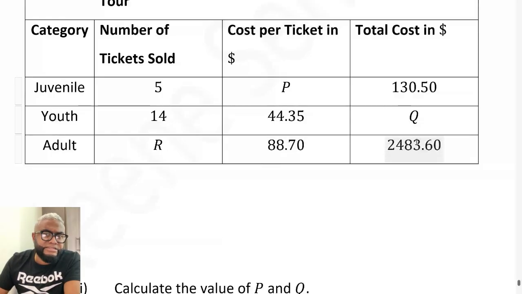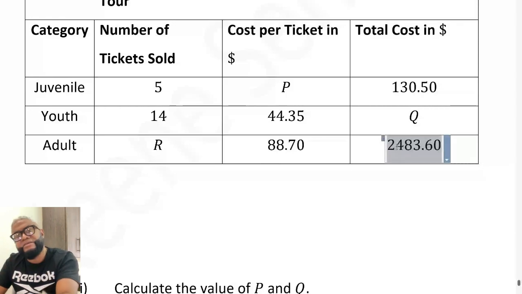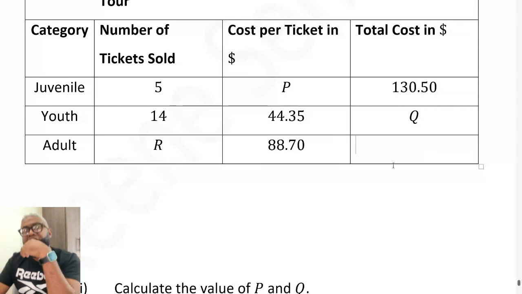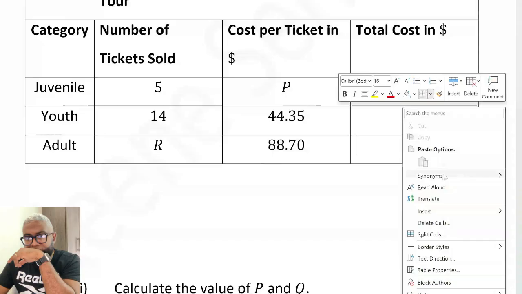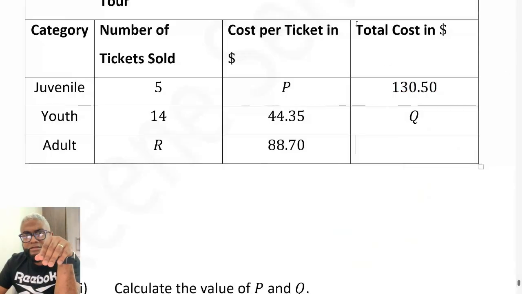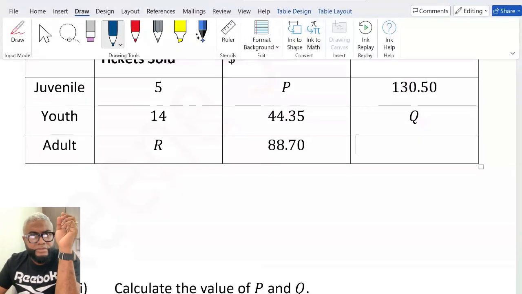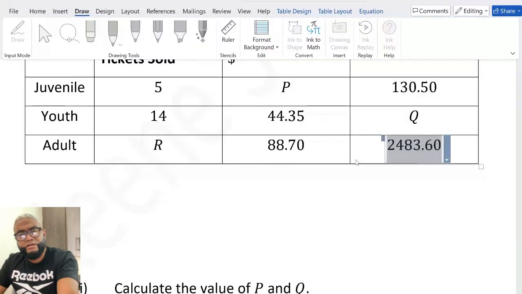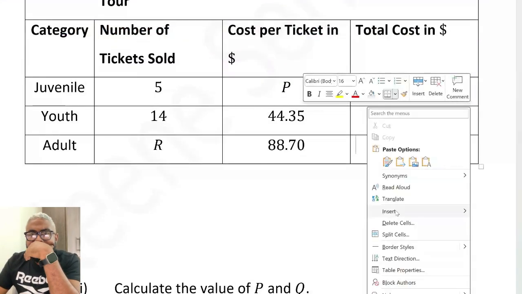This divided by this is supposed to give you back this. I think I know what's going on.